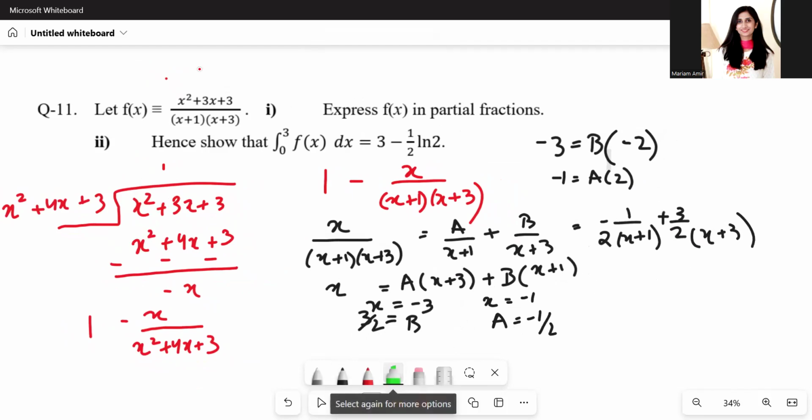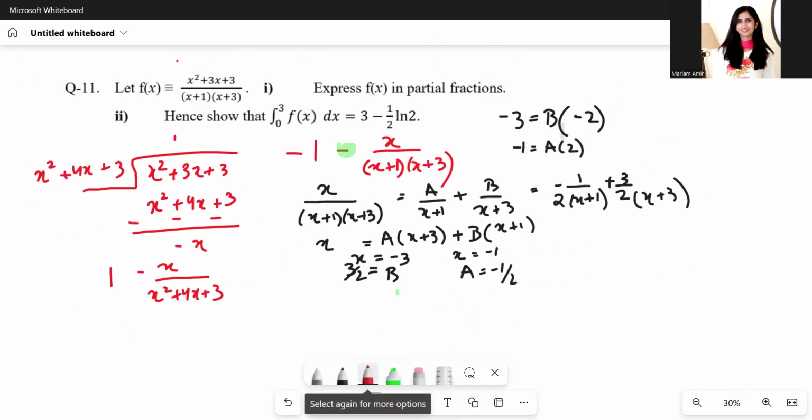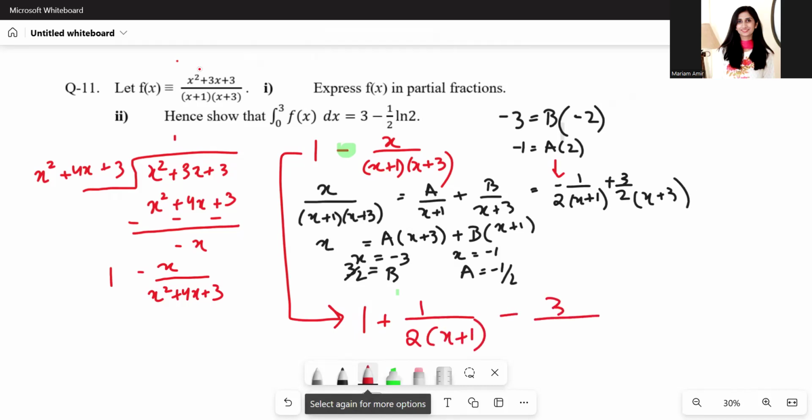Okay, so remember there was a negative sign here already. So if I write this collectively, this becomes 1, the signs change, plus 1 over 2(x plus 1) minus 3 upon 2(x plus 3).